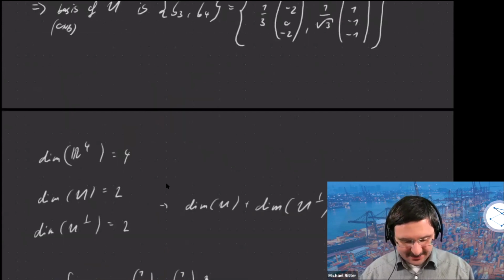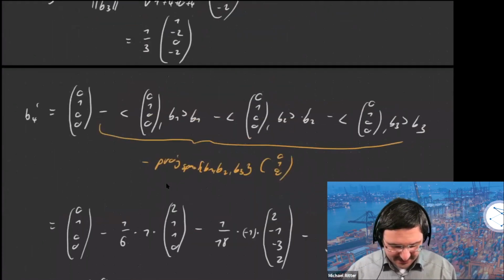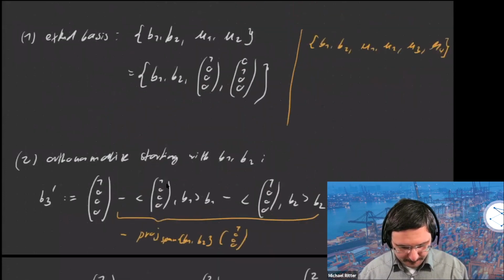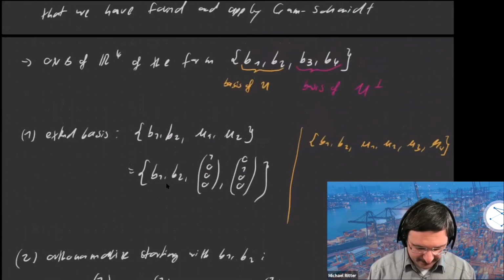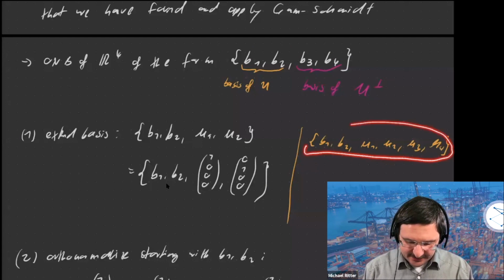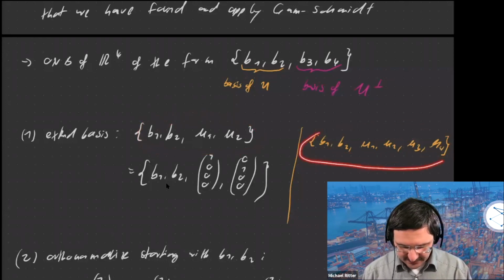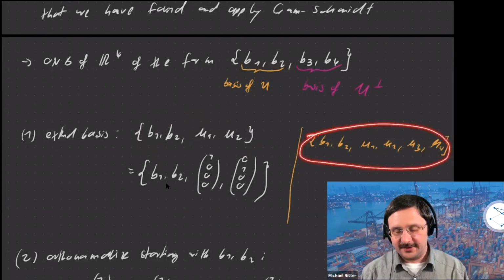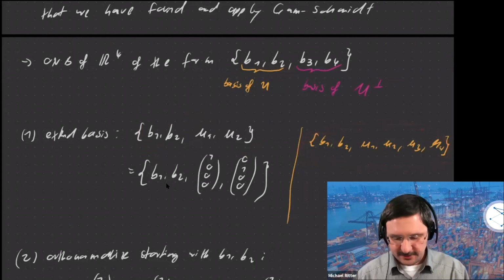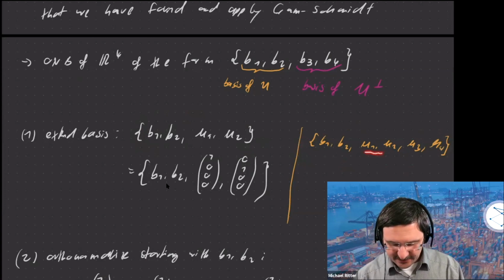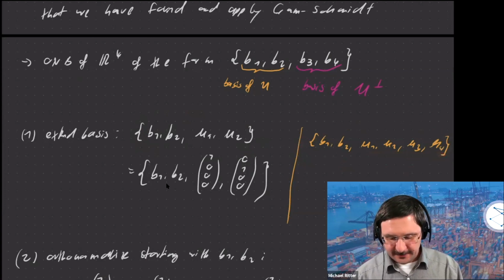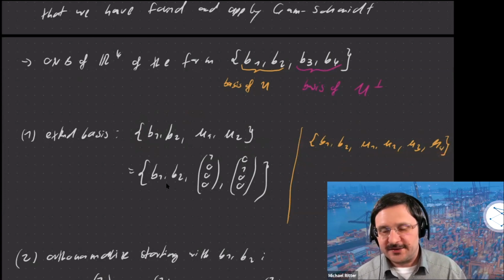And that is exactly what I suggested in the very beginning here, if you remember that one. So say you wouldn't be sure that this actually is a basis. You could start with something like this, and then just apply Gram-Schmidt. In case one of these vectors is not necessary, Gram-Schmidt will just return the 0 vector.